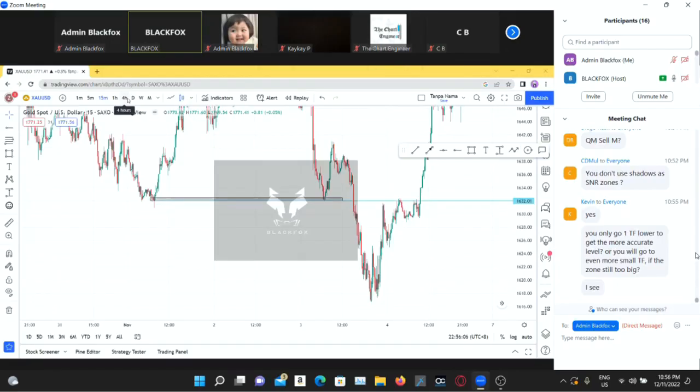If you use H4, then you can use the H1 time frame. And I will not go to M30 because H1 and M30 are a little bit the same movement, so I just go to H1. But if I use H1, then I go two time frames lower.